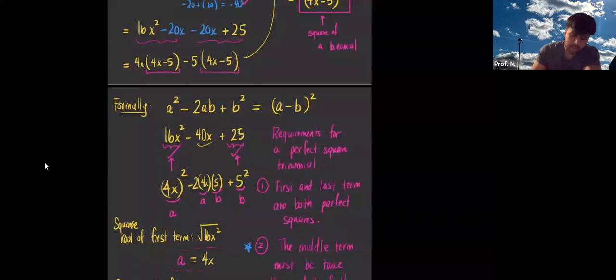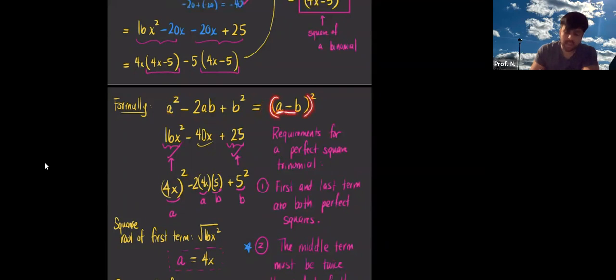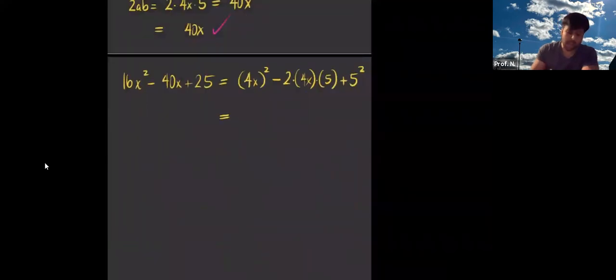If I have a squared minus 2ab plus b squared, all I have to do is put parentheses, take the a, subtract the b value, and make sure you have a 2 as your exponent. And that's it. I already know a is 4x, and b is 5. So the factorization will be (4x minus 5) squared. And that's it.